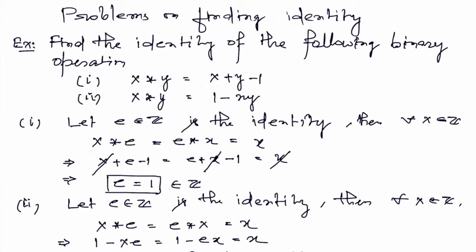We will first apply x star E, then E star x, and we try to equate it with x. So we will use this binary operation, open this, we get x plus E minus 1, and E plus x minus 1, equal to x. The x will get cancelled and E is 1. Since 1 belongs to the set of integers, 1 is the identity for this binary operation.